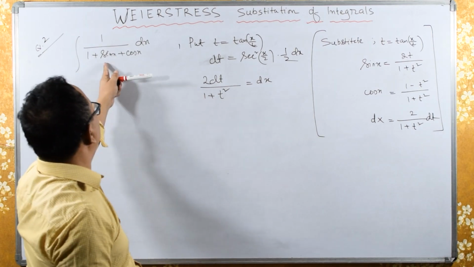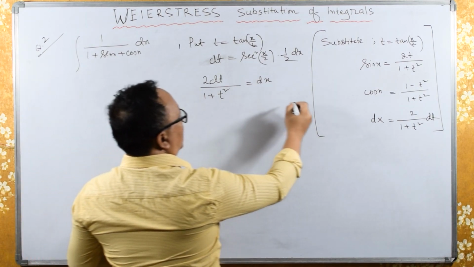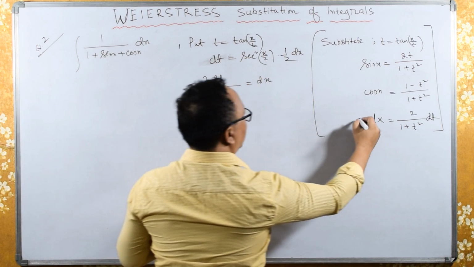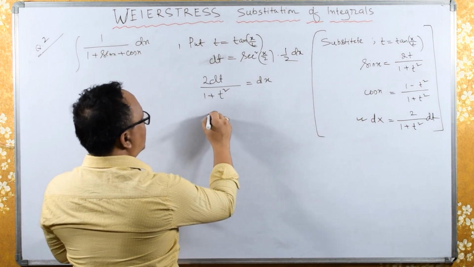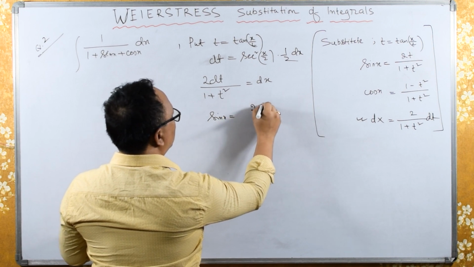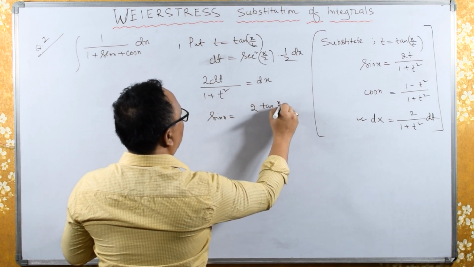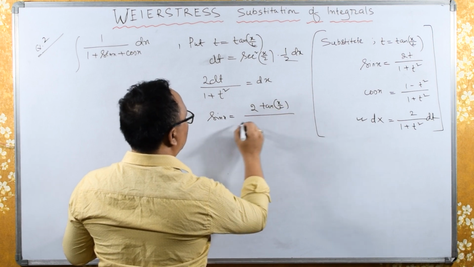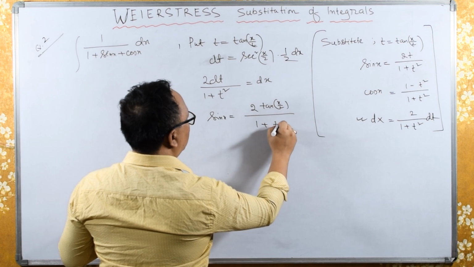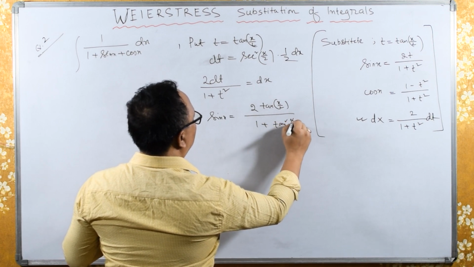Similarly, I need sin x and cos x. Sine of x is what? 2 tan x by 2 upon, in terms of tan, 1 plus tan square x by 2.